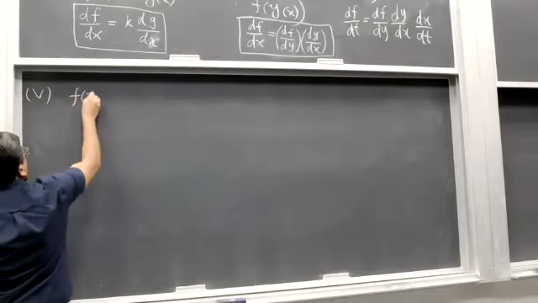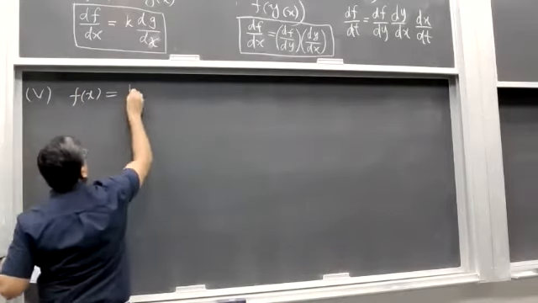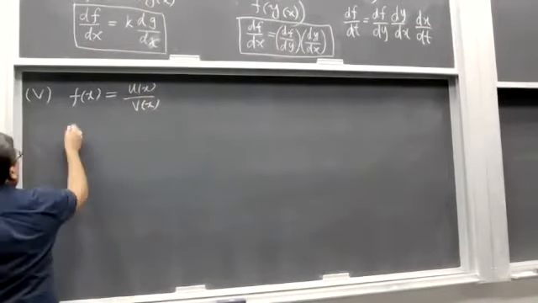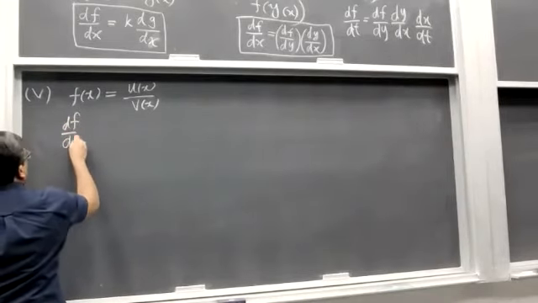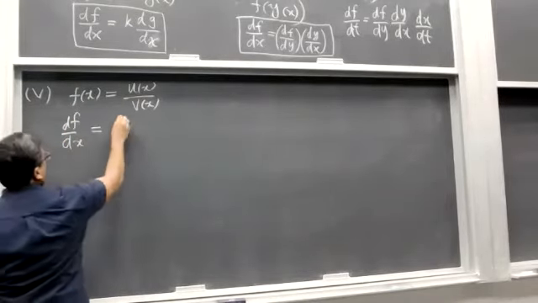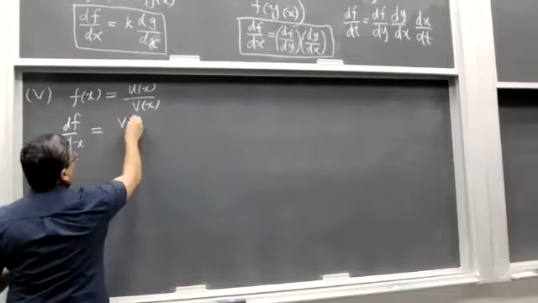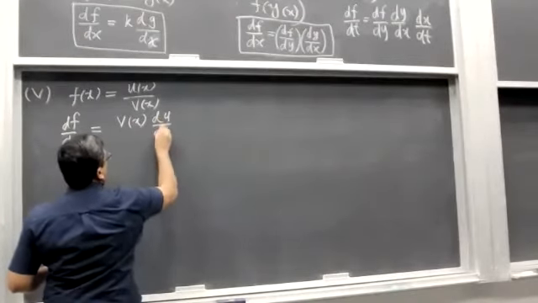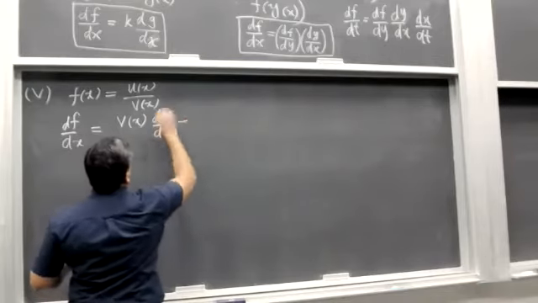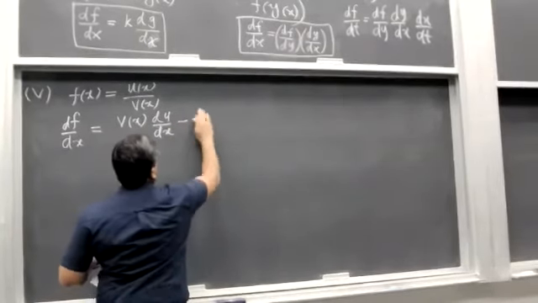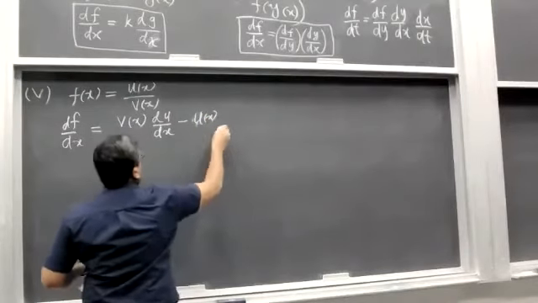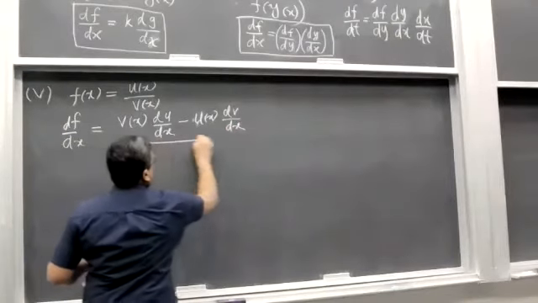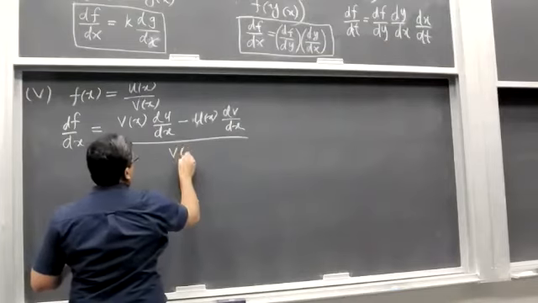You have f of x equal to u of x over v of x, then the derivative would be, again, the function in the denominator as such times the derivative of the function in the numerator, minus the derivative, the function in the numerator as such times the derivative of the function in the denominator, all divided by the square of the function in the denominator.